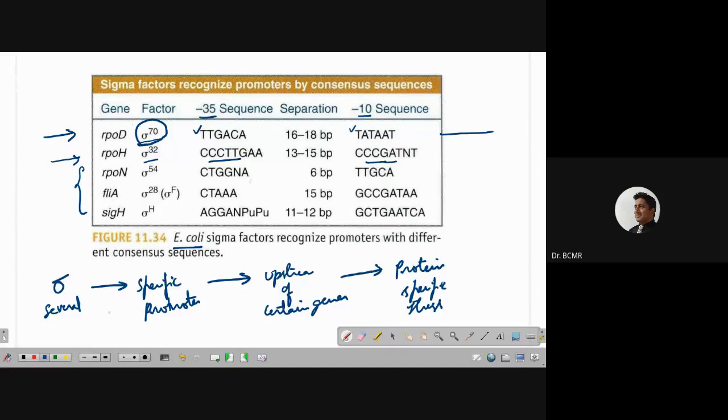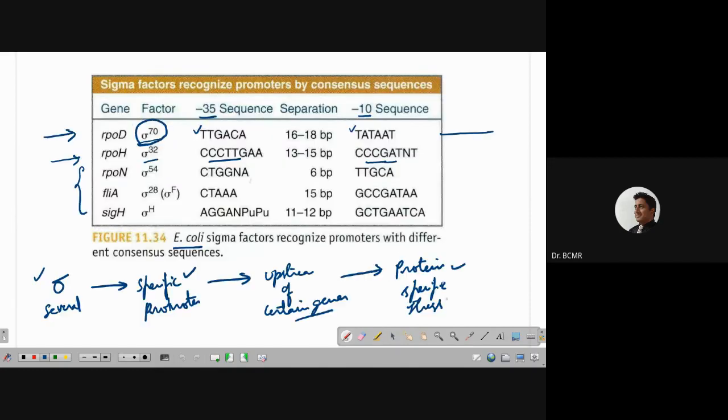If there is heat shock, sigma 32 is produced and it recognizes the sigma 32 specific promoter, which is usually upstream of genes that produce proteins that can help in mitigating the heat shock. Like that for cold shock and so many other things. So while this is more for you, all you need to remember is that there are multiple sigma factors.